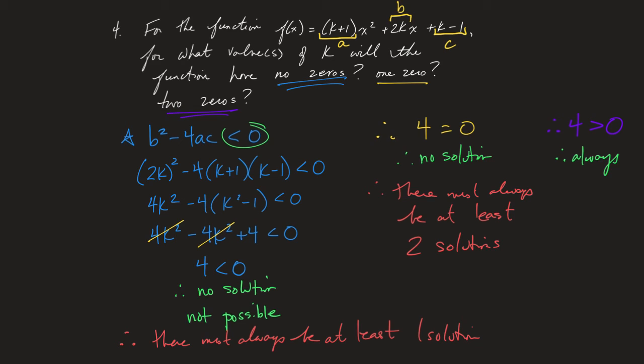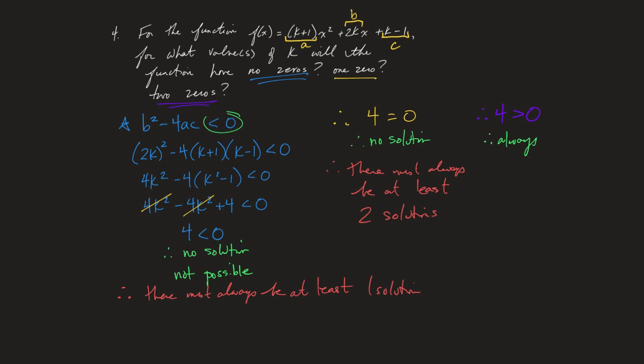So what conclusion can we draw there? I'm just going to shrink this down a little bit to get a little bit more room. Here's the meat of the problem. When is 4 greater than 0? Always. That means it doesn't matter the value of k.